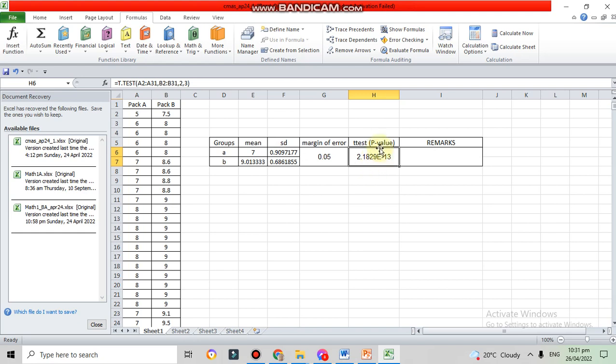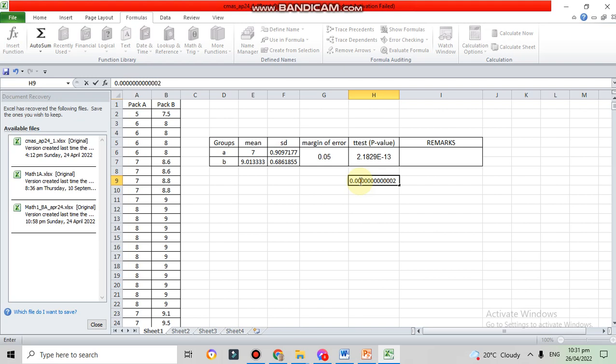Remember that this number is in scientific notation. So that means if we're going to find the actual number of this one, it's equal to 0. Okay, 1, 2, 3, 4, 5, 6, 7, 8, 9, 10, 11, 12, 13.